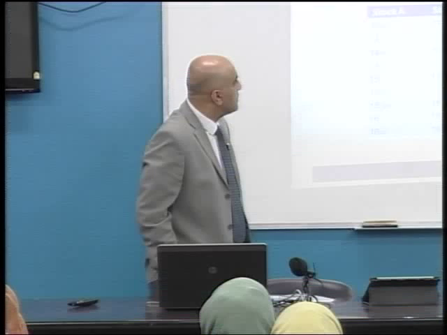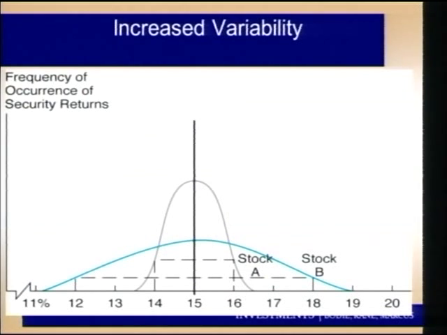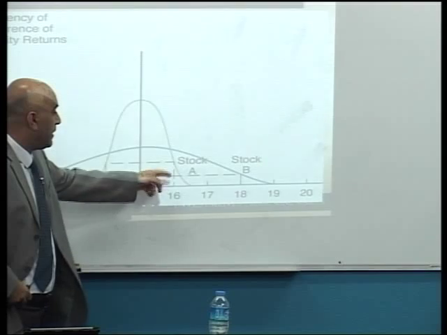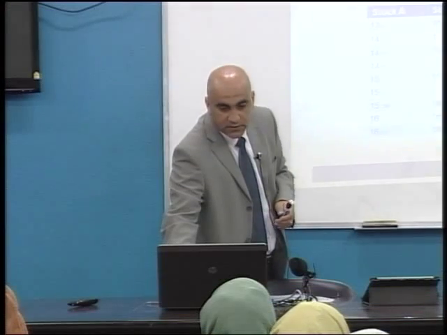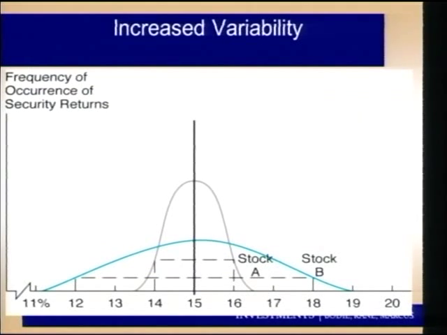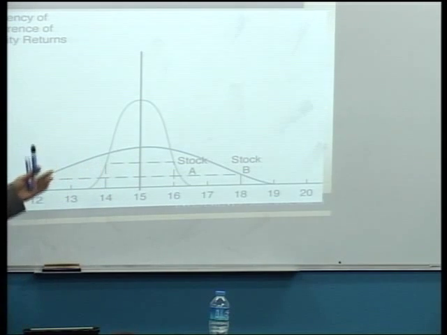It means stock B fluctuates more than stock A. If you convert this into a chart, you will observe we have stock A and we have stock B. Look back. Stock B is highly fluctuated relative to stock A. However, stock A and B have the same average, which is 15%.